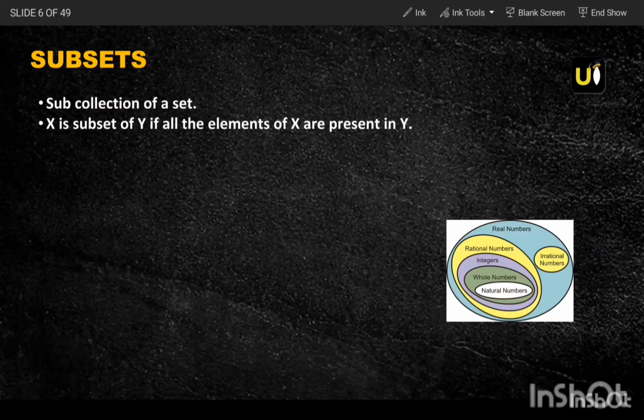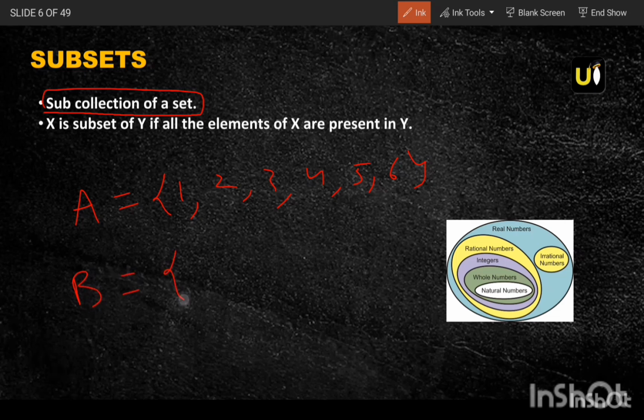And coming to subsets. What are subsets? A subset is a sub collection of a set. For example, let us consider a set A: 1, 2, 3, 4, 5, 6. Then we consider one more set B: 1, 3 and 5. Now can we say B is a subset of A?